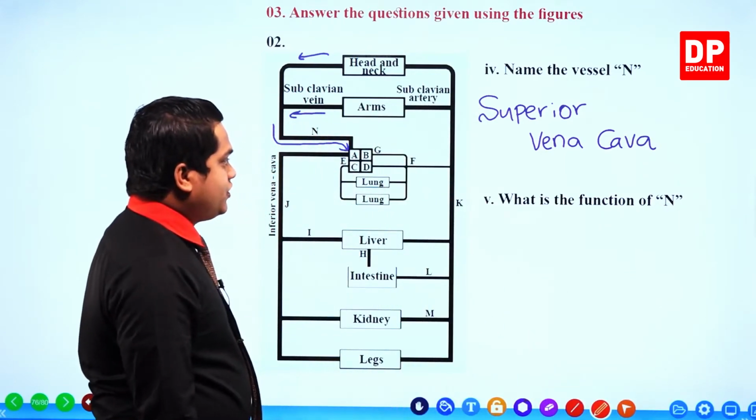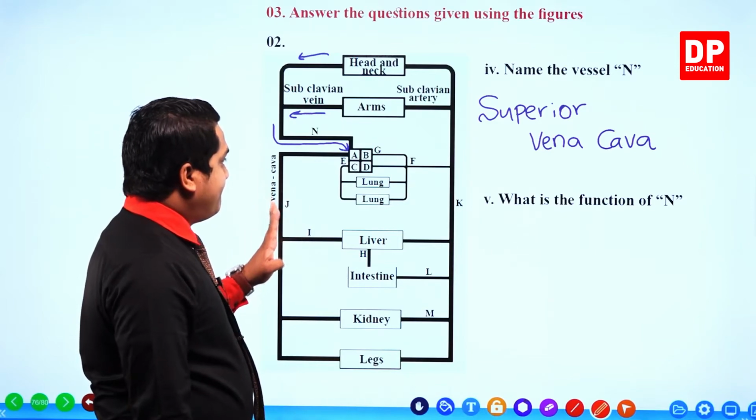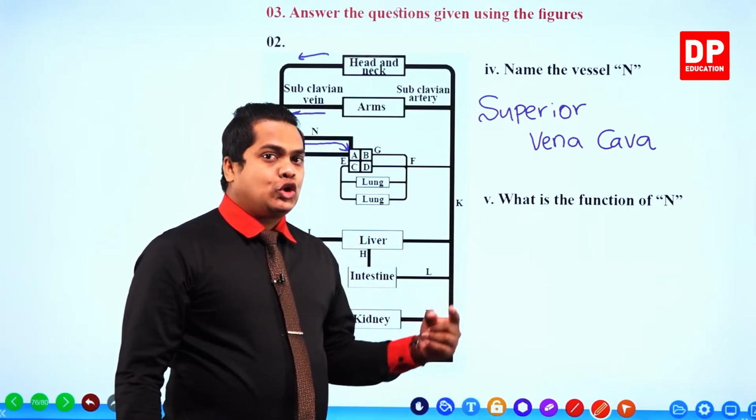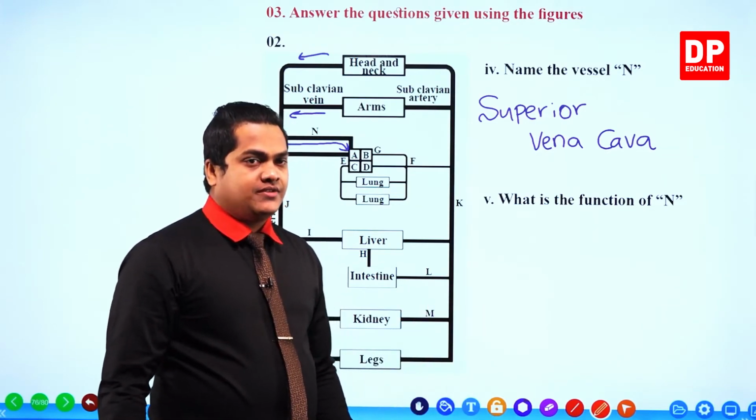What is the function of N? So the function of N is bringing or transporting blood to the heart from upper parts of the body.